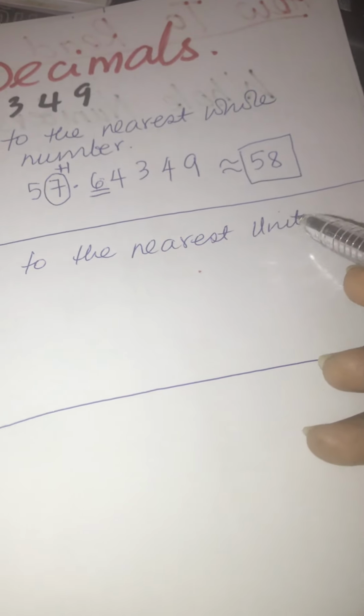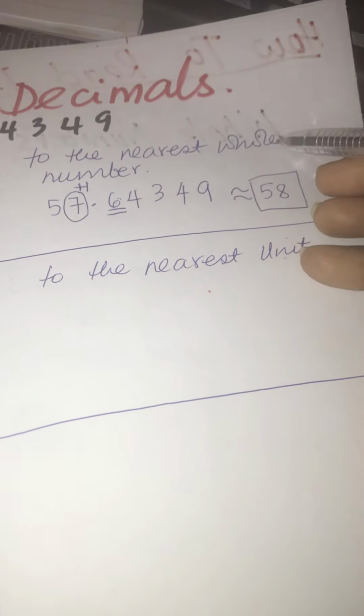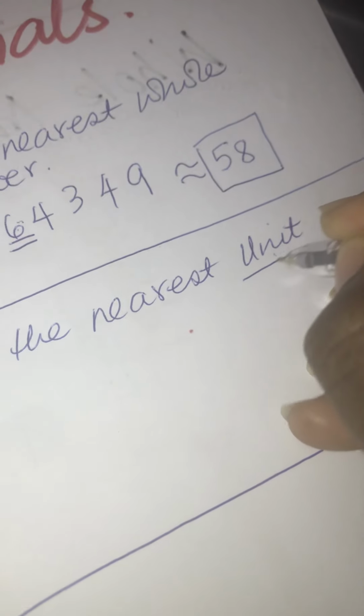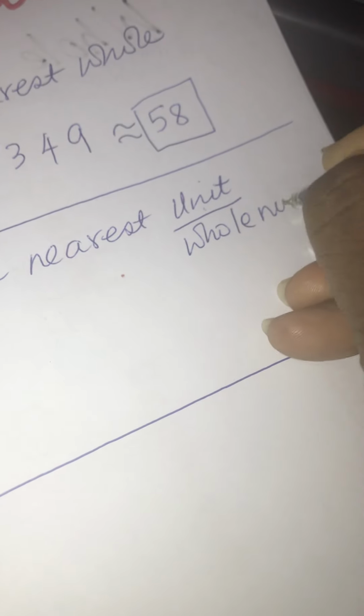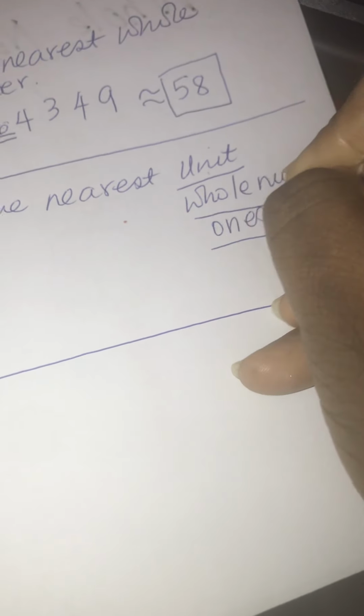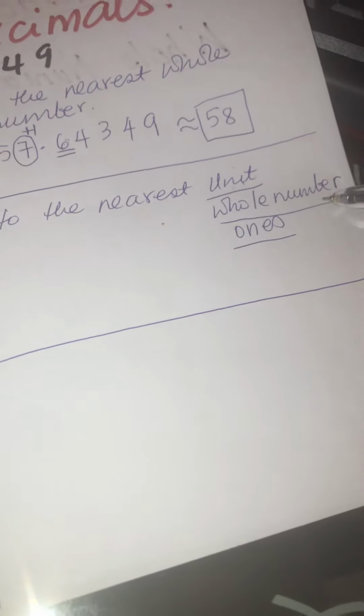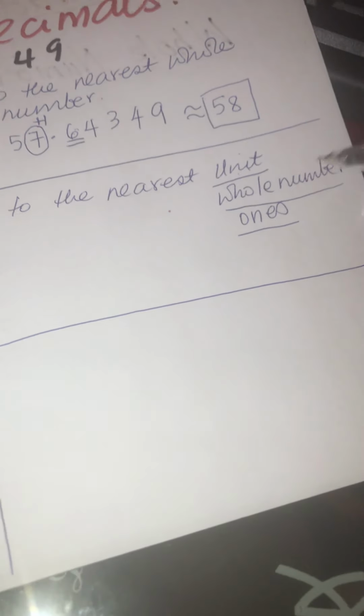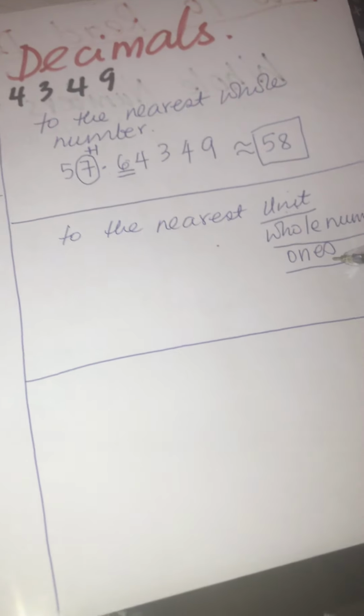To the nearest unit means to the nearest whole number. To the nearest unit, unit means whole number. It also means to the nearest ones. When you see the question say round to the nearest unit, it means round to the nearest whole number or round to the nearest ones.